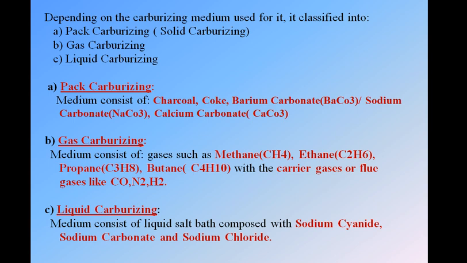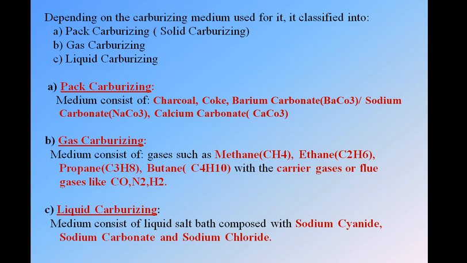Calcium carbonate, CaCO3, that C will be the carbon. From all these five we just need the carbon. In charcoal we have carbon, in coke we have carbon, in BaCO3, CaCO3, NaCO3 we have carbon. That carbon will be taken and introduced onto the surface of the material. So this is pack carburizing. Just remember the examples, what the medium consists of.